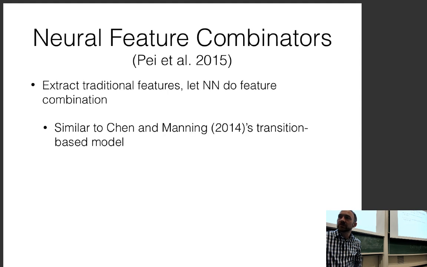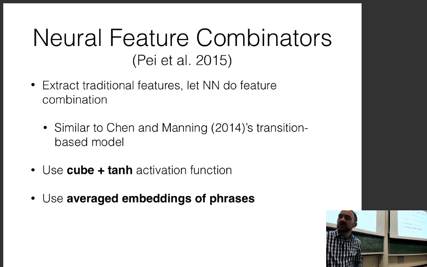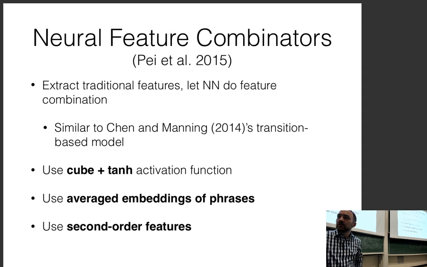So this is similar to the transition-based model. Also, learning from this paper, they used a cube and tanh activation function. They also used averaged embeddings of phrases, and second-order features. So these are some things that they used here.